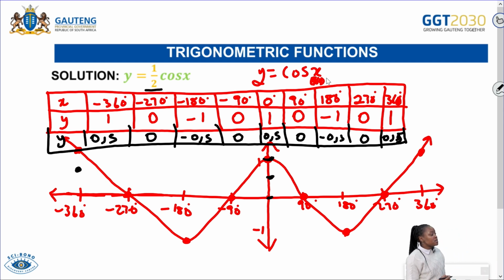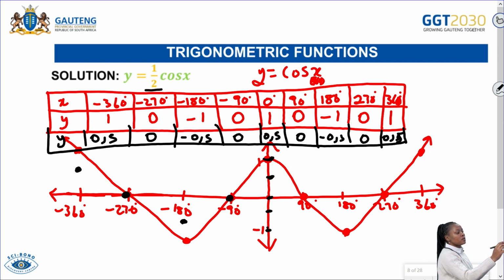And then at negative 270, I'll have 0. And at negative 180 degrees, I'll have negative 0.5. So negative 0.5 will be between 0 and negative 1, right? So anywhere in between those two. So at negative 180, I'll have a point that is somewhere here. And then at negative 90, I'll have my 0.